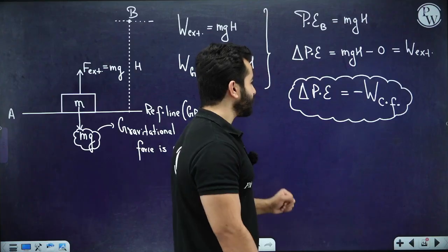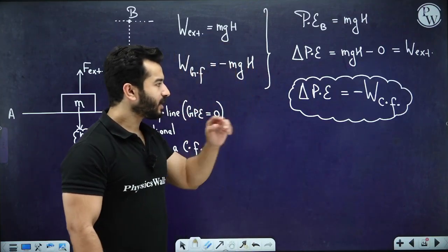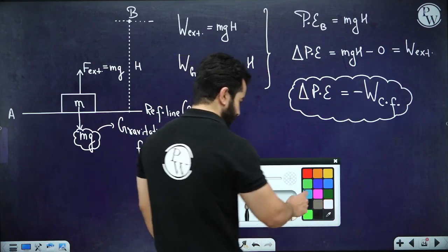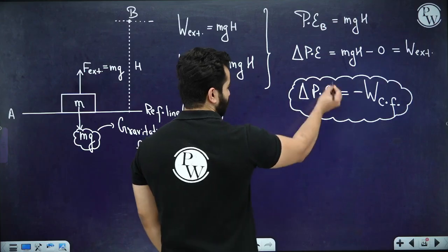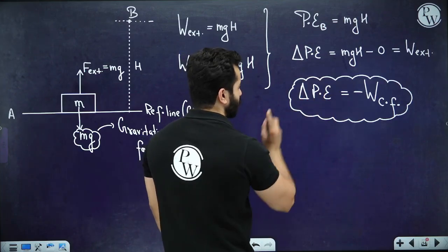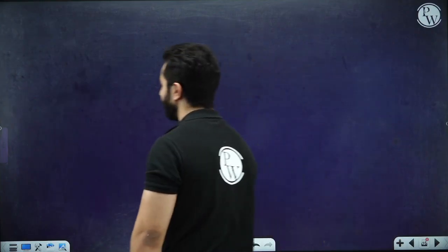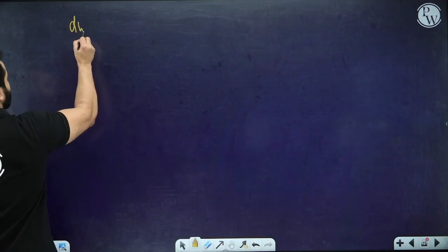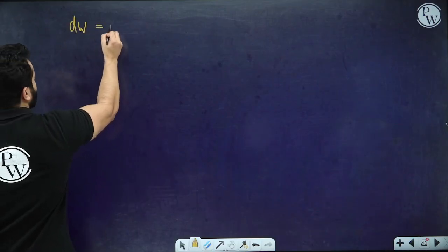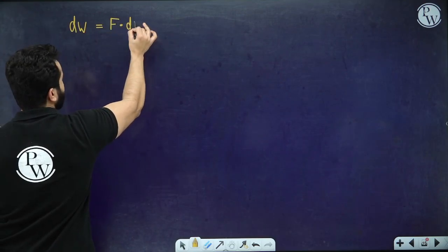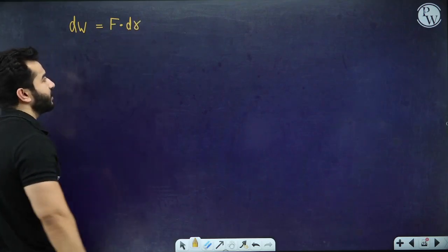Now the other thing is, please understand that work done by conservative force can be written as negative change in potential energy. Sometimes we rewrite this as del U also, right? So if this is the case, please look here. We know that work done can be written as dW equals conservative force times ds or dr, whatever you want to call it, right?